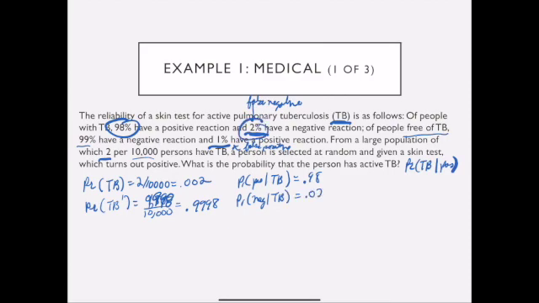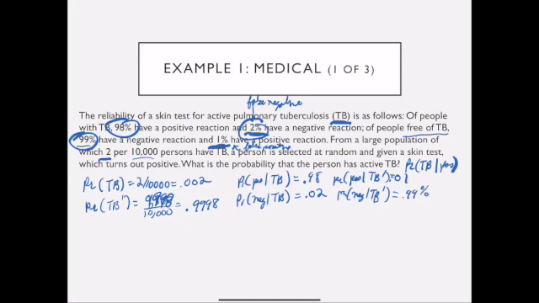I also need to know the probability that someone has a positive test and doesn't have TB. Well, that's this false positive right here, that's 0.01. The probability that someone has a negative test and doesn't have TB, so TB converse, is 0.99.